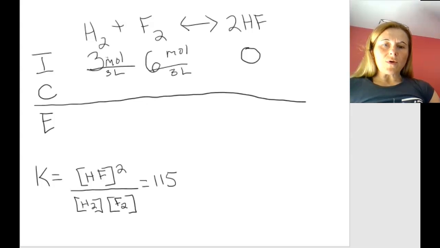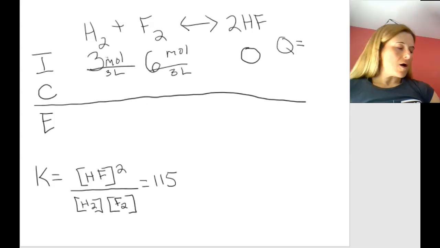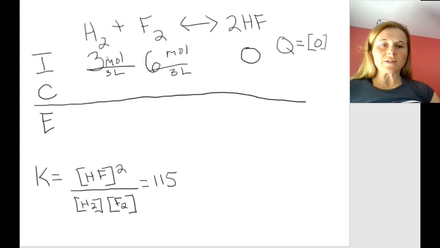So we know our Q. Let's take a look at our Q. Our initial concentration of product is 0 here, so we already know where this is going, right? But we'll write it out anyway. We've got 3 divided by 3, so that's 1, and 6 divided by 3, so that's 2.